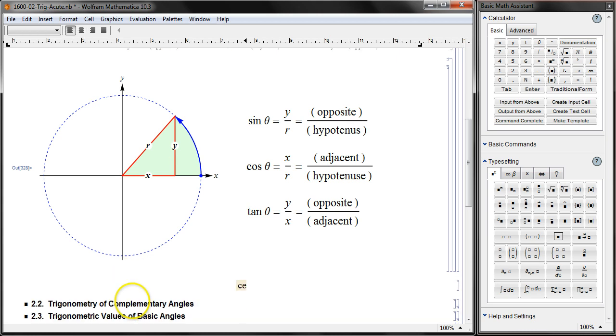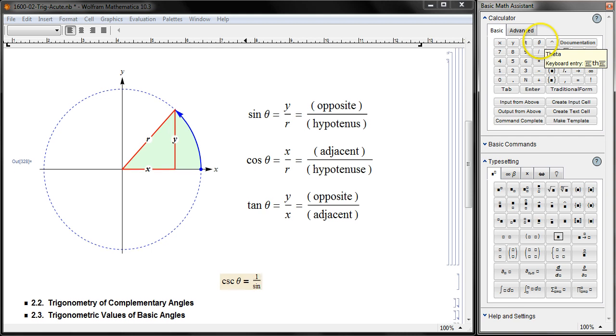Cosecant of angle theta, the center angle, is 1 over sine of theta. Secant of theta is 1 over cosine of theta.